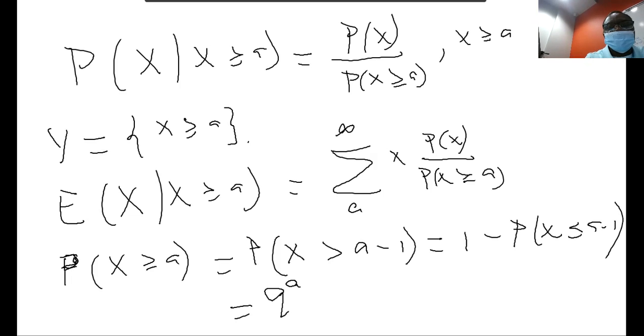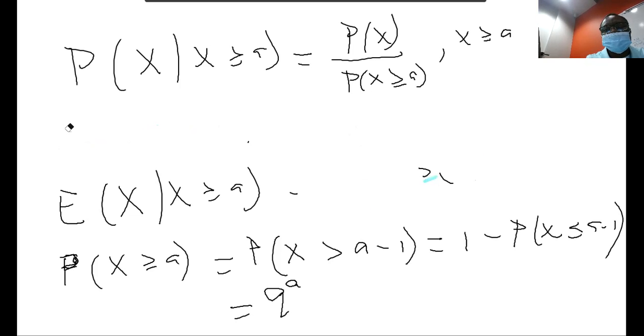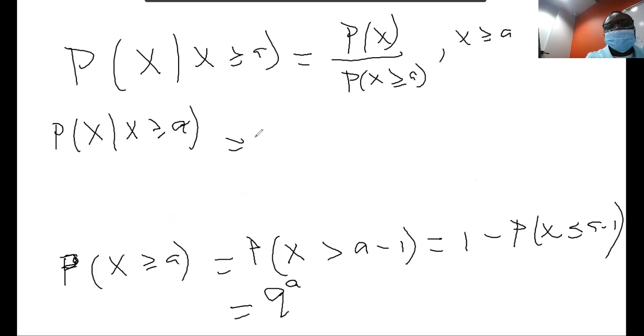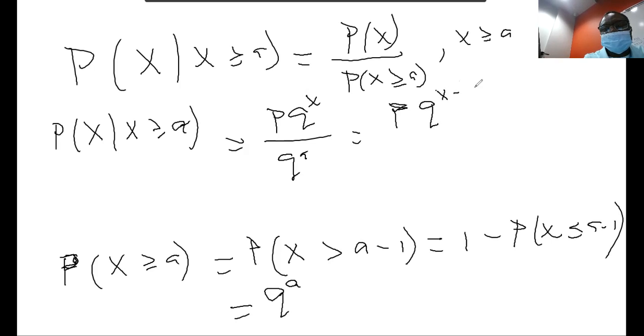So we are going to come back here and write that P of x, given that x is greater than or equal to a, is equal to P times q to the x over q to the a, which is P times q to the x minus a.